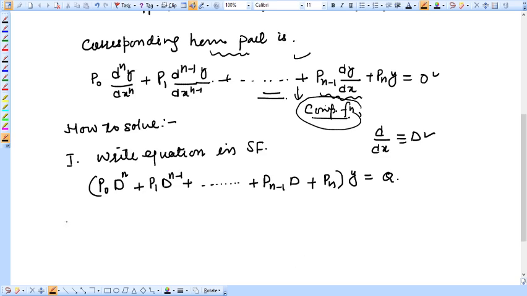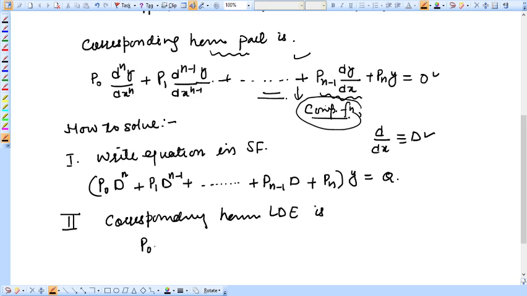Then secondly, write the corresponding homogeneous linear differential equation, which is (p0 D^n plus p1 D^(n-1), up to p(n-1) D plus pn) y equal to 0.